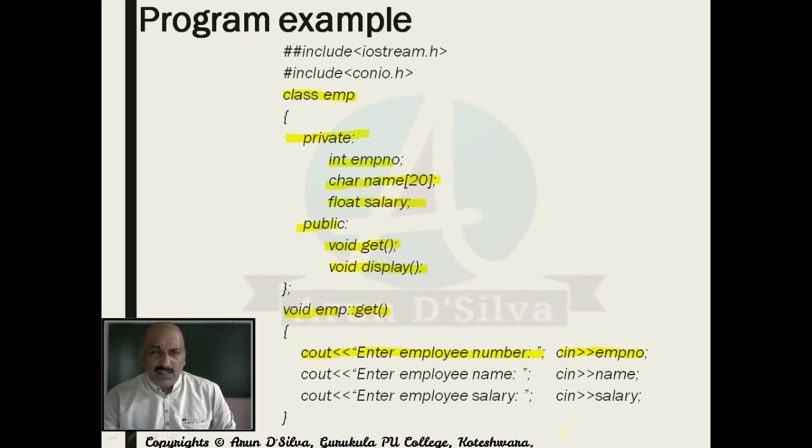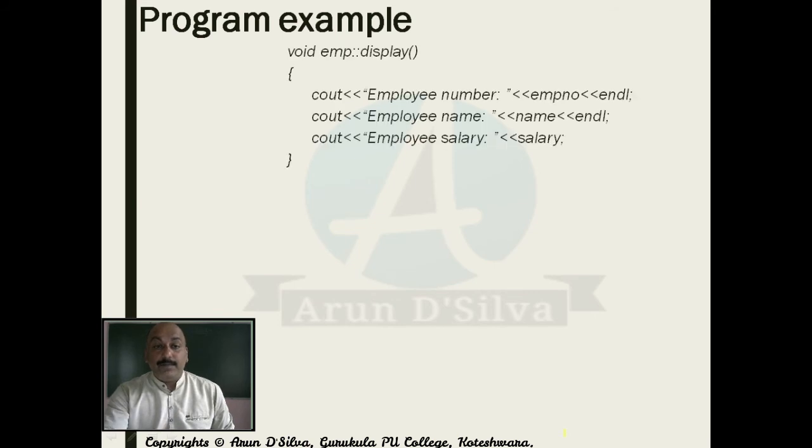This we have already studied. The second function is display. Display also uses void, class name, scope resolution operator, and function name. We display the employee number, whatever is in EMP number, the employee name, and the employee salary, whatever is in the salary variable.